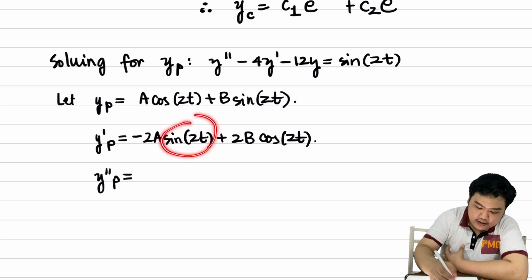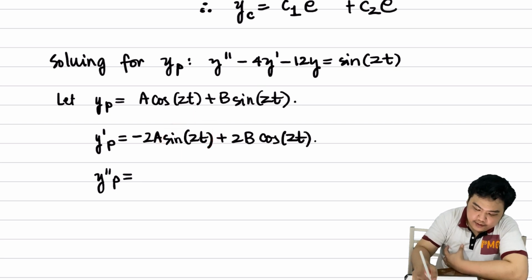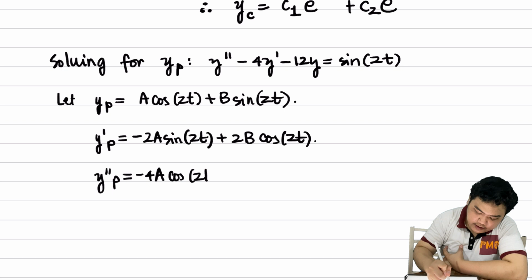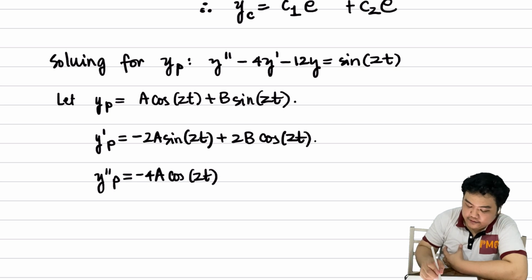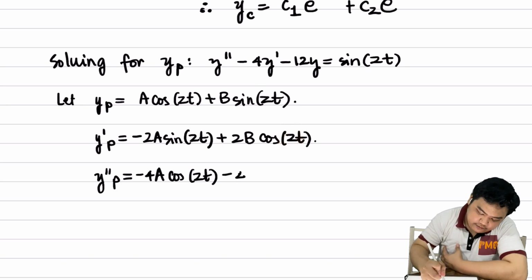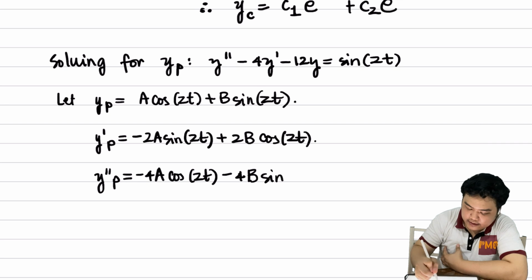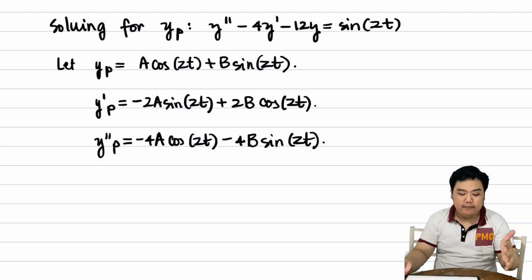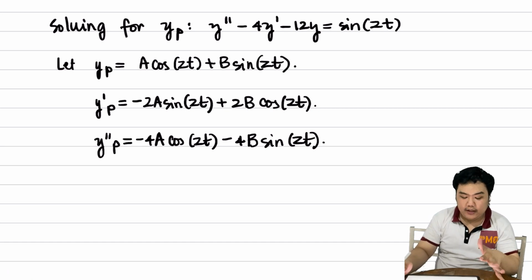The derivative of sine is cosine, but you have to multiply by 2 on the outside, so we have negative 4a cosine 2t. The derivative of cosine is negative sine, but you multiply the outer part by 2, so you have negative 4b sine 2t. Okay? So now we have y sub p, y prime of p, and y double prime of p.